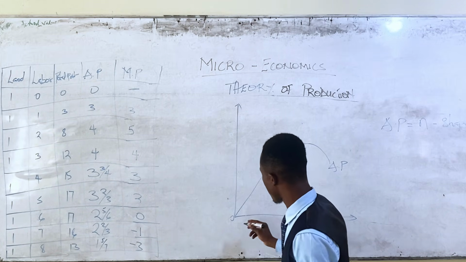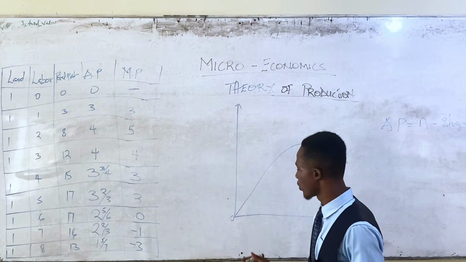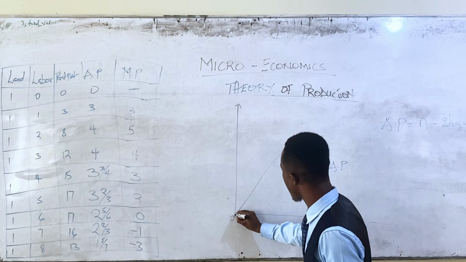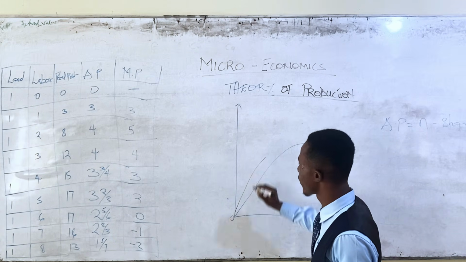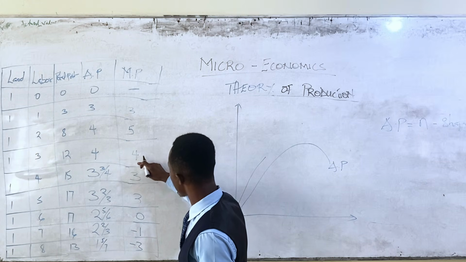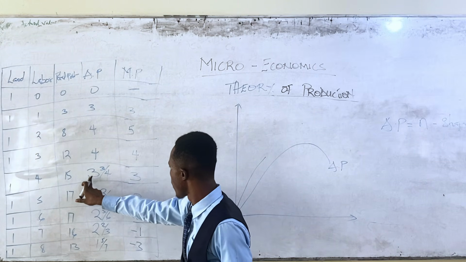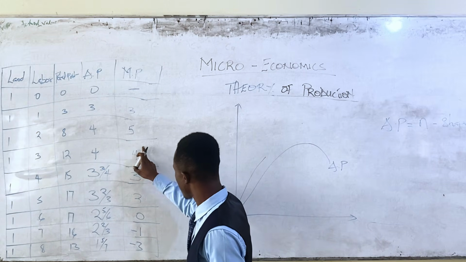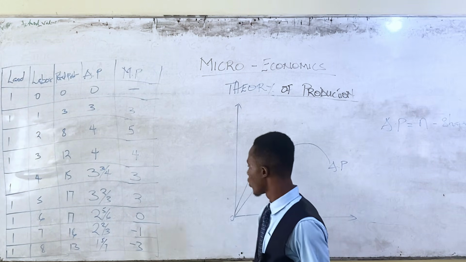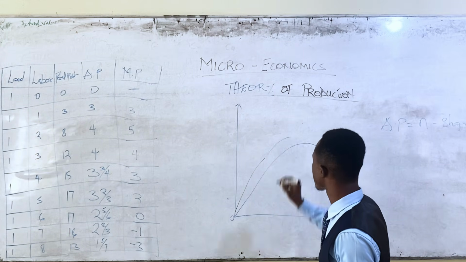When they are rising and the marginal product rises faster than the average product, it will come here. Then it will also fall from 5, 4, 3, while the average product is falling slowly and the marginal product is falling faster. So they all rise, but the marginal product rises faster.